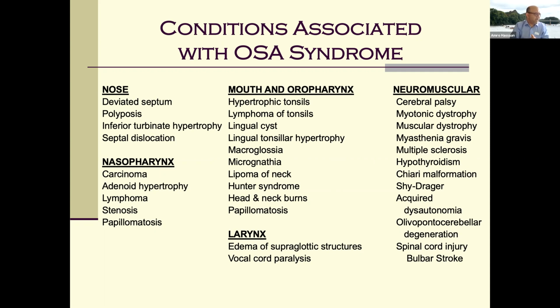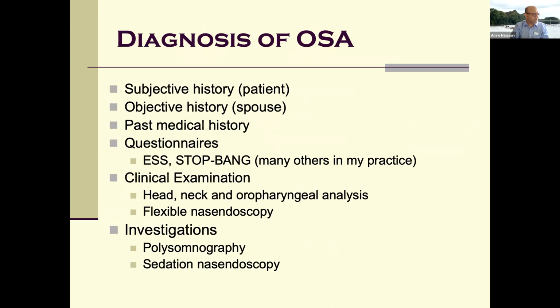With the nose, which is my area, I'm looking at deviated septums or polyposis, nasal polyps, inferior turbinate enlargement, other septal problems. We're looking at adenoid enlargement in children, tonsils in adults and children, big tongues, which you may see, or proportionately anyway, in Down syndrome, lipomas, head and neck burns, papilloma, and things like vocal cord paralysis.